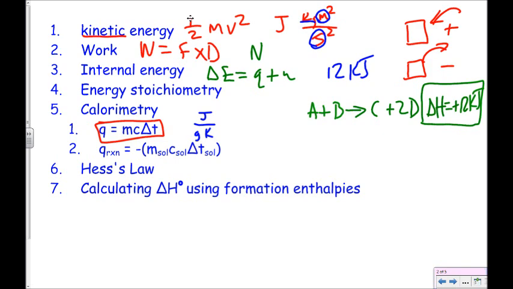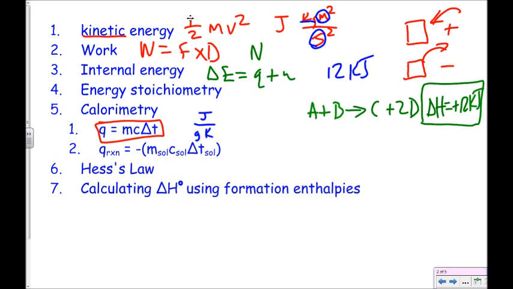So when we're doing Q calculations, that means we're always going to be dealing with joules. When we're dealing with delta H enthalpy change reactions, you're going to be dealing with kilojoules. And when you're going back and forth from one to the other, that's a really important distinction to catch. So be careful with sign and also be careful with units, especially if you're calculating a Q using energy stoichiometry where you're going to get an answer in kilojoules.